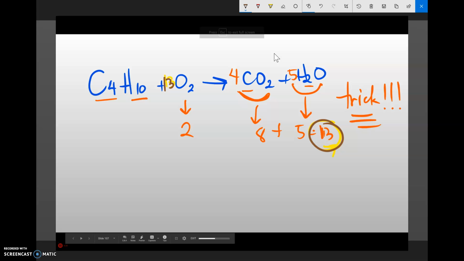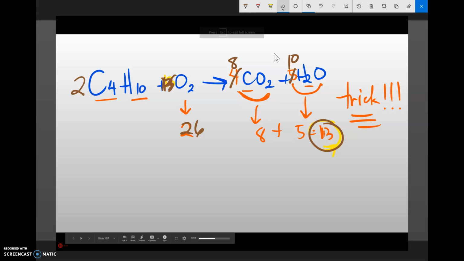Now notice it's 13 times 2, so this now becomes 26 oxygen atoms. Because it's times 2, we're doubling it. So what we have to do is double the coefficients of the other reactants. So the 13 just stays here, my apologies, the other reactants: a 1 to a 2, a 4 to an 8, and a 5 to a 10.